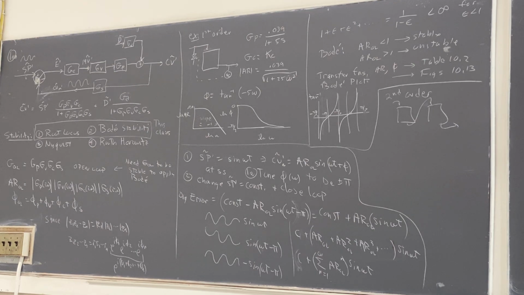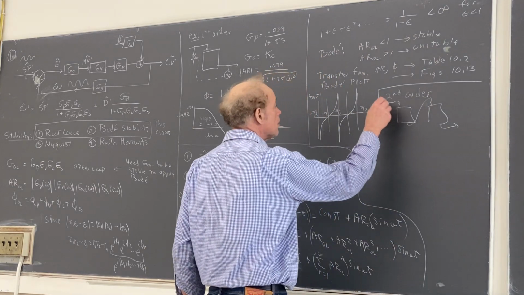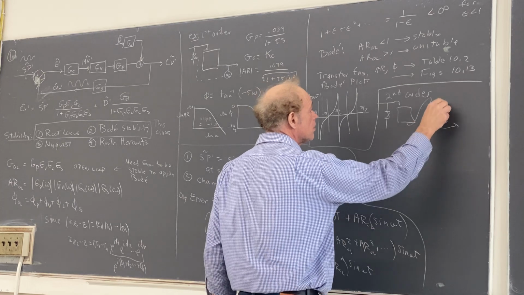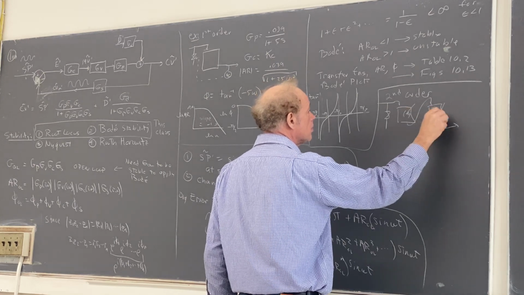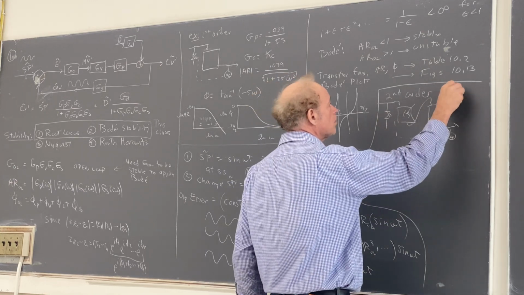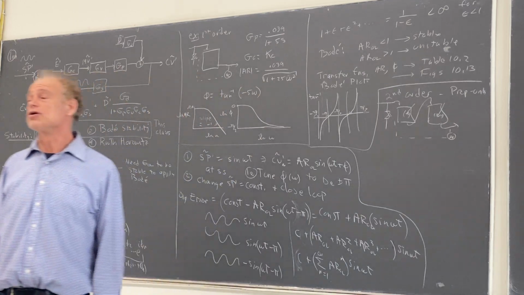Let's make this a proportional only controller. Proportional only. So this is, say, a second order system.